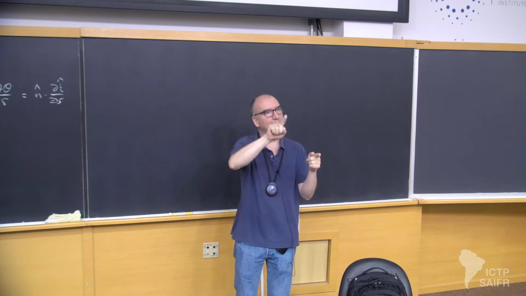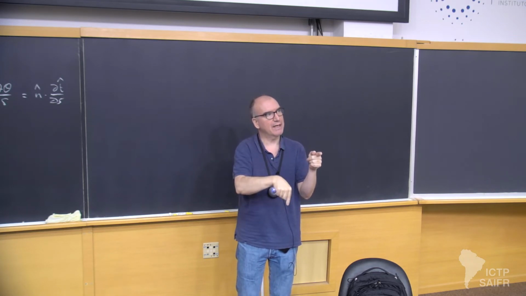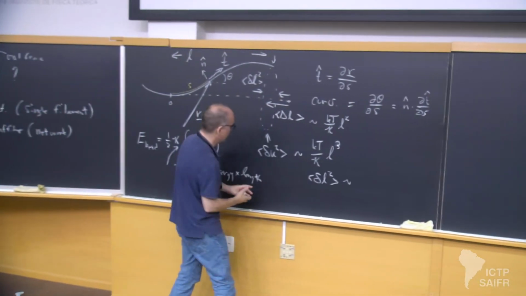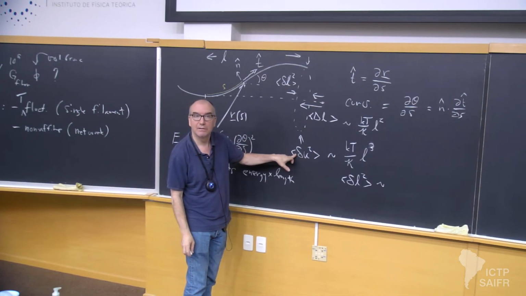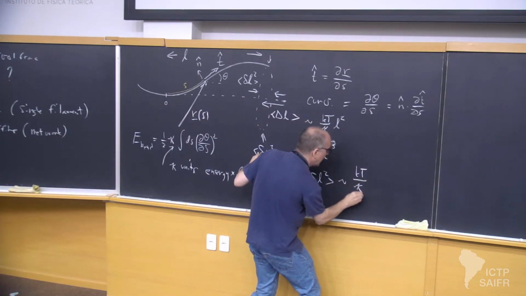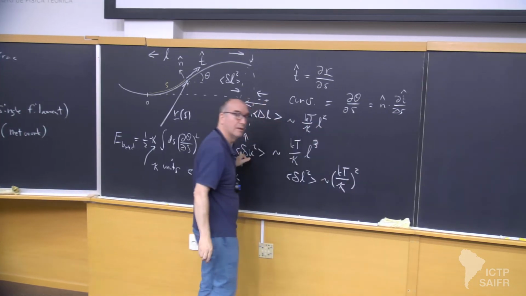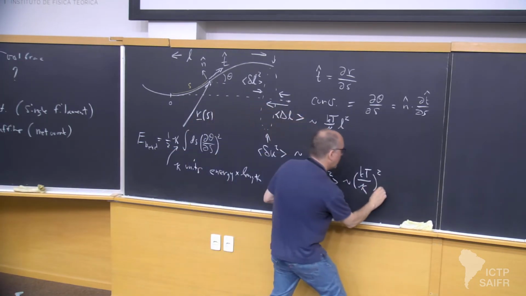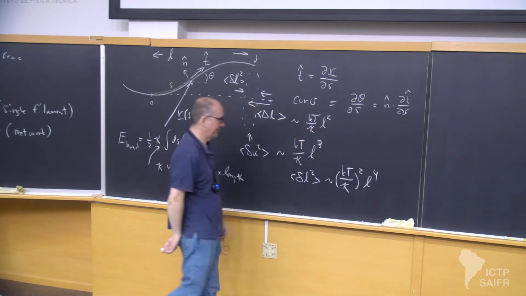Because if I deflect upward, I get the same contraction as if I deflect downward. So that means that these fluctuations have to be quadratic in these. So I get kT over kappa squared. And now to get my units right, I need L to the 4, I guess.